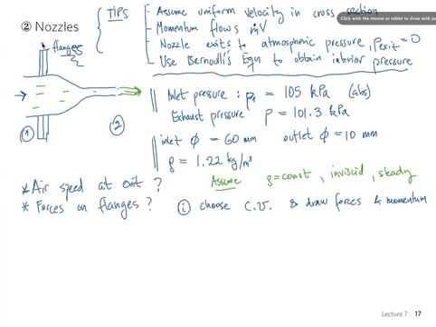Let's decide to draw our control volume right across the flanges where there's going to be some bolts holding this together, and include the whole nozzle and perpendicularly cut the jet at the exit. So what do we have? We have this force that we need to calculate, first of all, and it's going to apply all around this plate, but let's just call it F, some sort of resultant force.